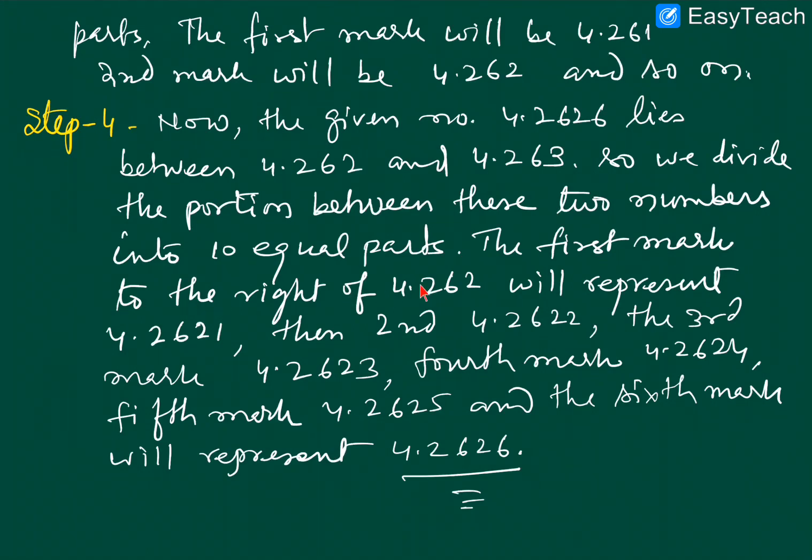The first mark to the right of 4.262 will represent 4.2621, the second will represent 4.2622, the third mark will represent 4.2623, the fourth mark 4.2624, the fifth mark 4.2625 and the sixth mark will represent 4.2626. This is the representation as well as visualization of 4.2626 using successive magnification.